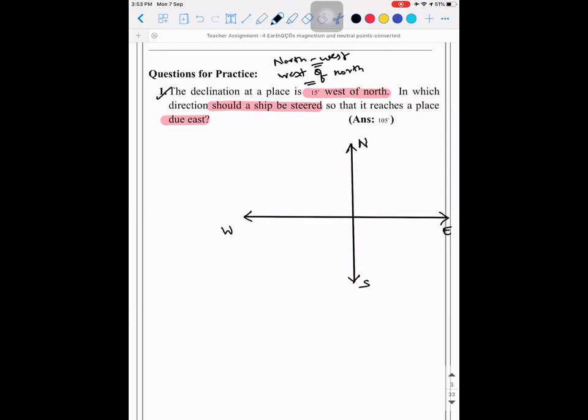See, in both the terms are same. Sorry, west of north is the angle made from west to north. Okay, I will draw it like this.